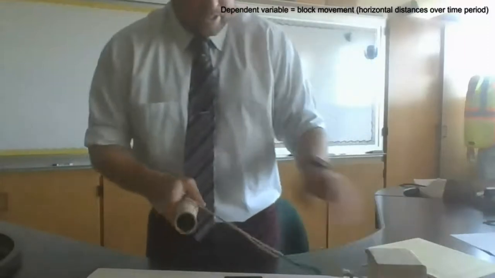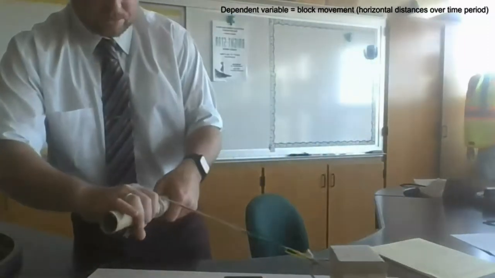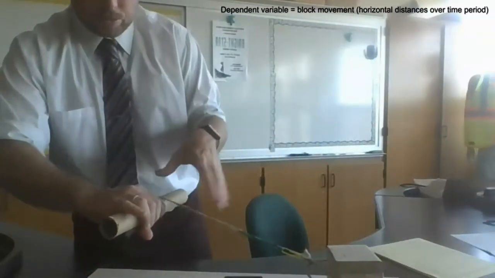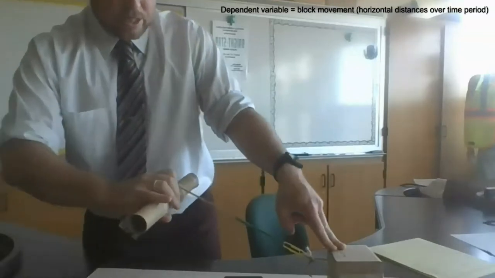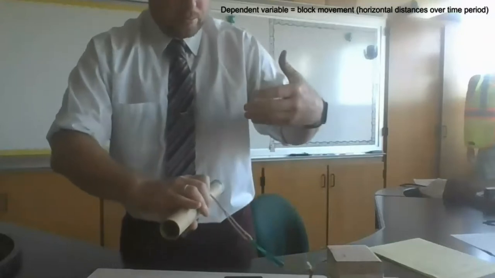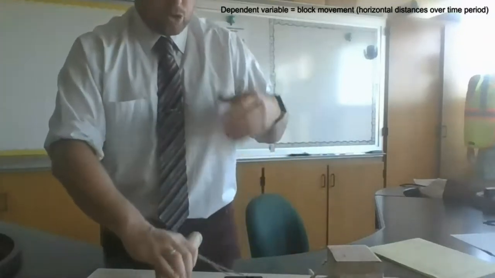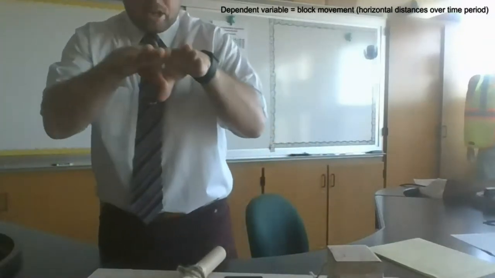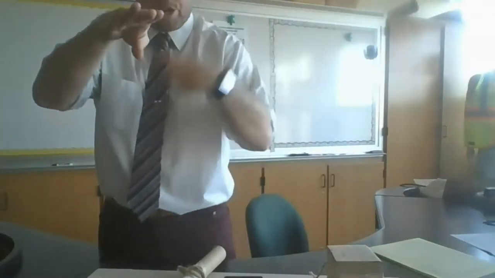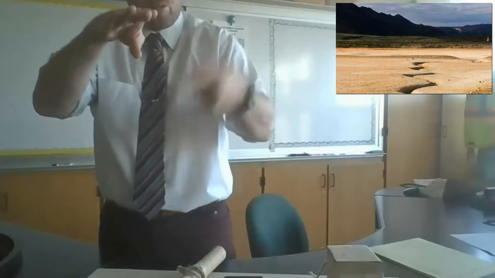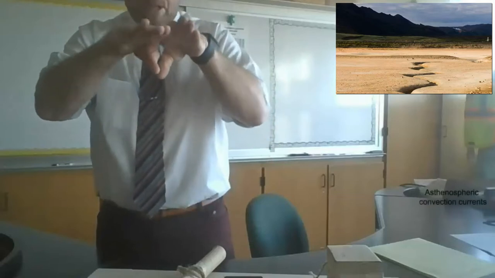If the block sticks and doesn't move, but I'm still pulling, this is like an example of the crust or the rocks getting stuck together along that fault line, while the convection currents keep adding stress and movement to the rocks, but they're still stuck.